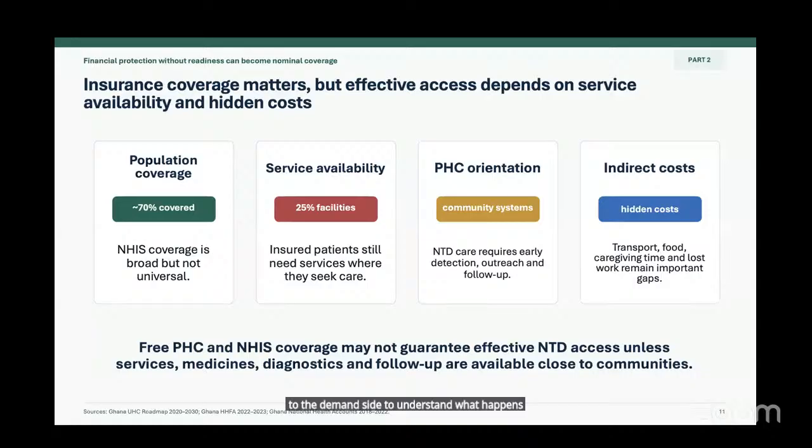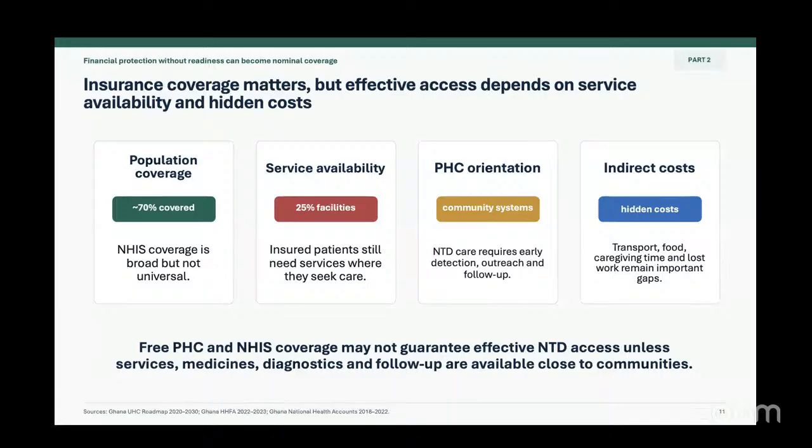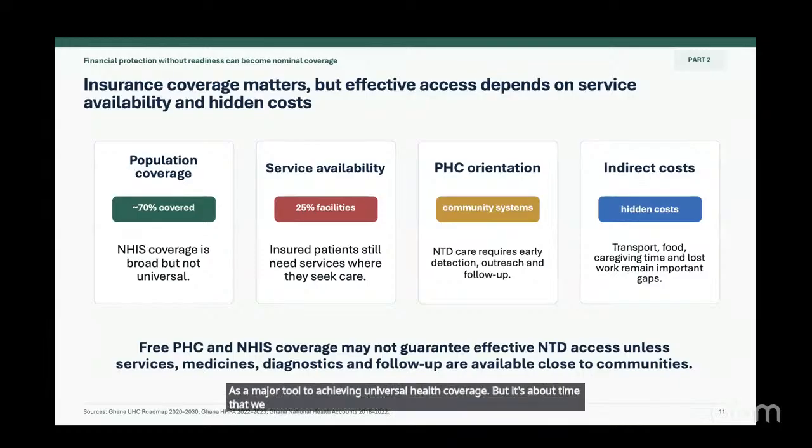We know that when we speak of UHC in our country, certainly health insurance, the National Health Insurance Scheme, comes up as a major tool to achieving universal health coverage. But it's about time that we also start thinking about effective access or effective coverage, not just coverage.